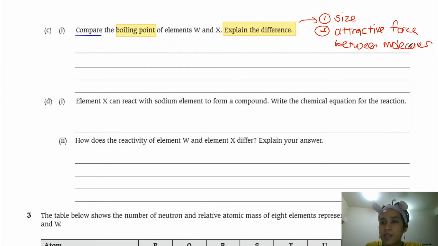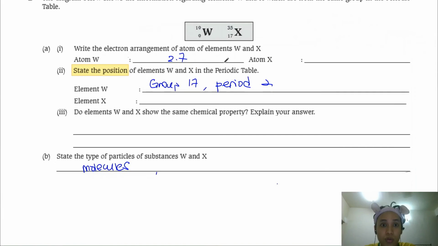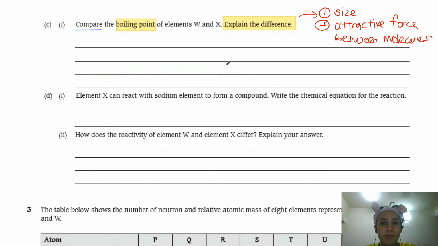Either we write the attractive force or we talk about the van der Waals forces. You can mention the van der Waals forces between W is stronger than X, or vice versa. You need to depend on the question itself; I'm just giving you an example. You need to determine which one has the higher van der Waals forces, or attractive force.